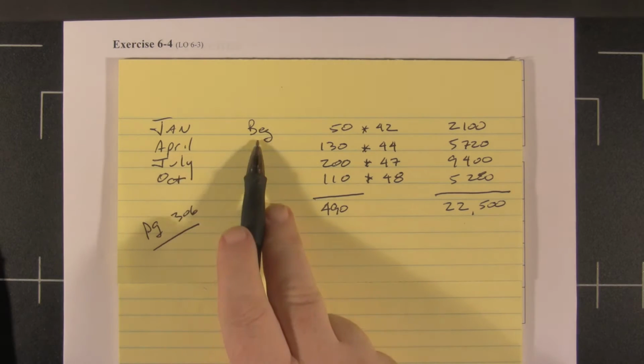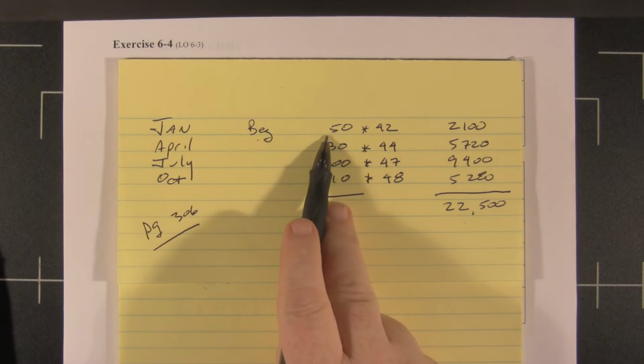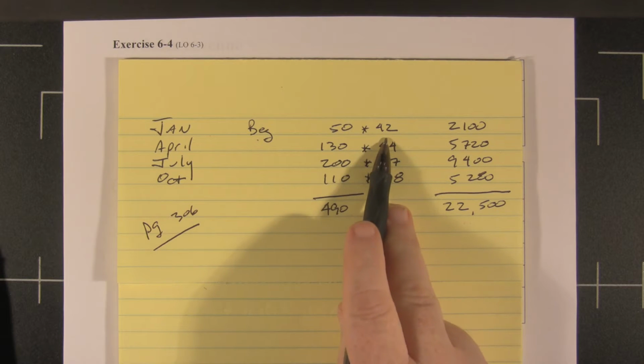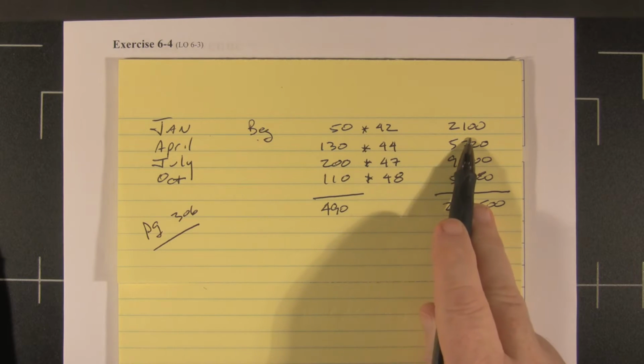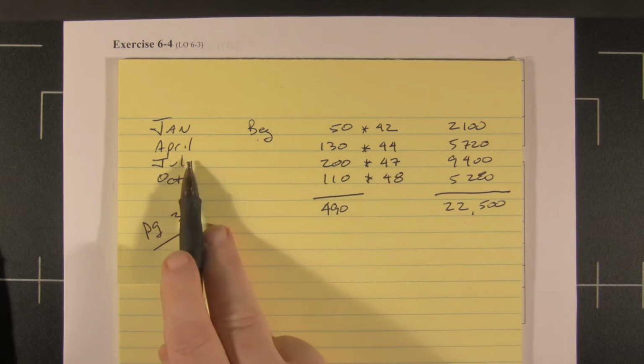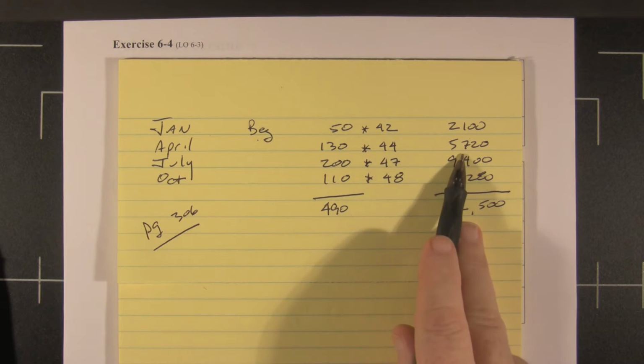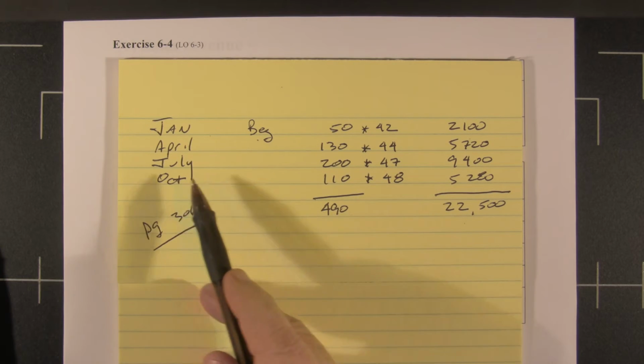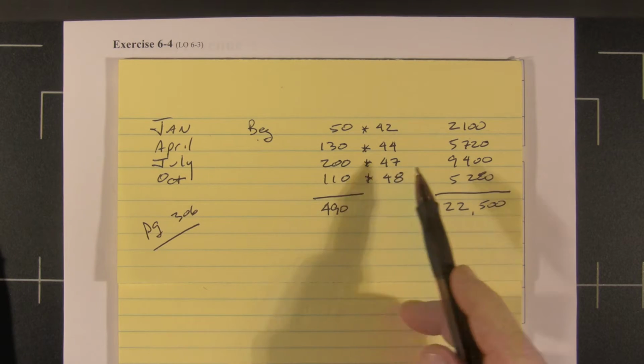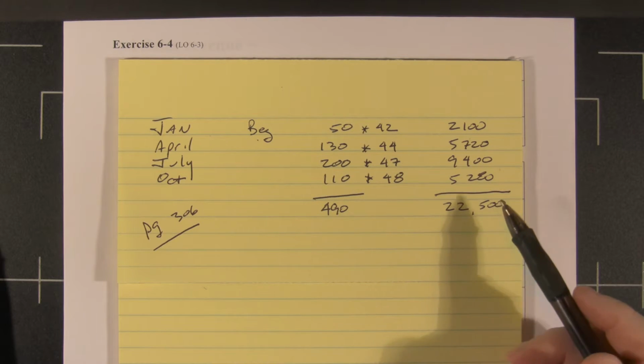In January, they had their beginning inventory of 50 units at $42 for a total of $2,100. In April, they bought 130 units at $44 for a total of $5,720. July, 200 units at $47 for $9,400.